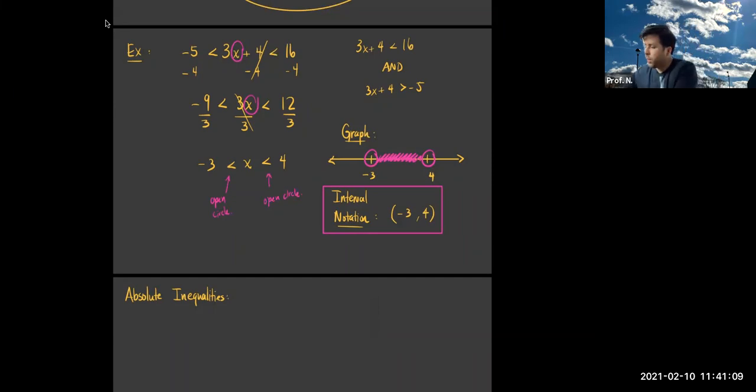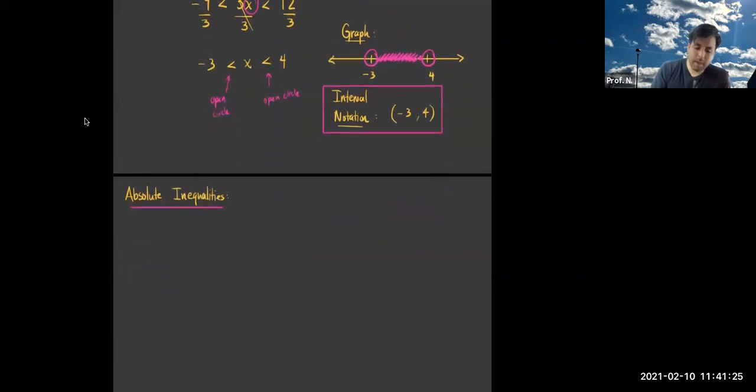So now we're going to talk about absolute value. And absolute value, as someone has mentioned earlier, is the distance between a number and 0. So for example, the absolute value of 5 is 5.